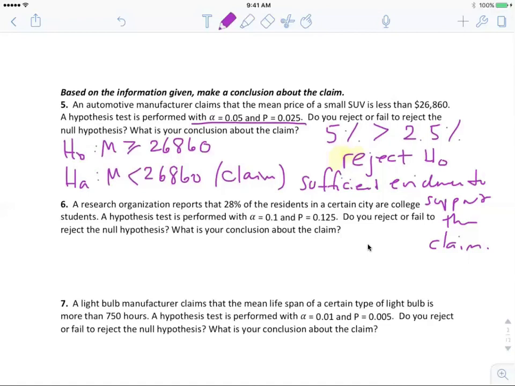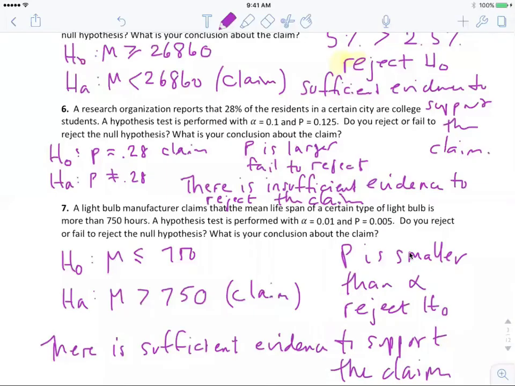Okay, there's a couple more. You could try those on your own, and then I'm just going to write the final answer here, and then you can test to see if you're right. Okay, and then this is what we end up with. So as you can see on that first one, because P is larger, you're going to fail to reject, and then go to your conclusion using the fact that H sub 0 is the claim and failed to reject.